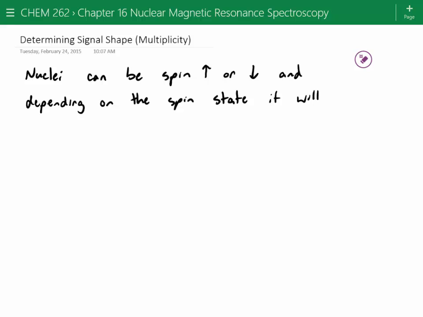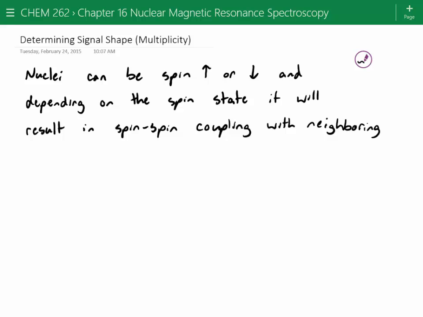Let me actually change that. It will result in spin-spin coupling with neighboring protons, or neighboring nuclei.